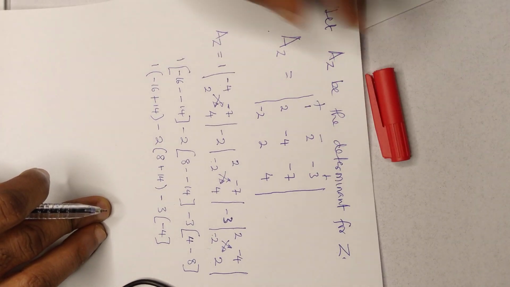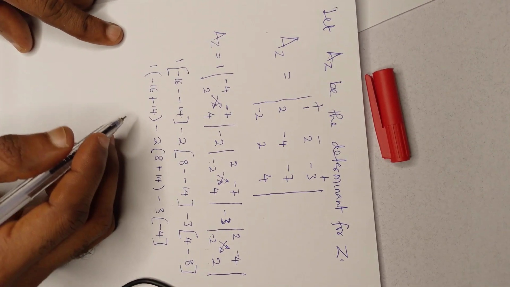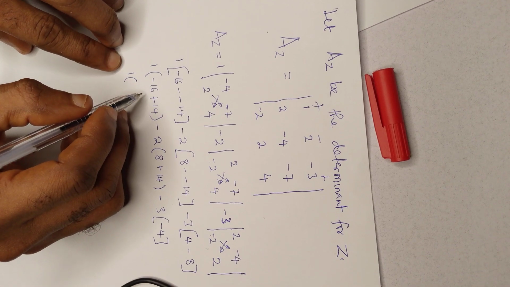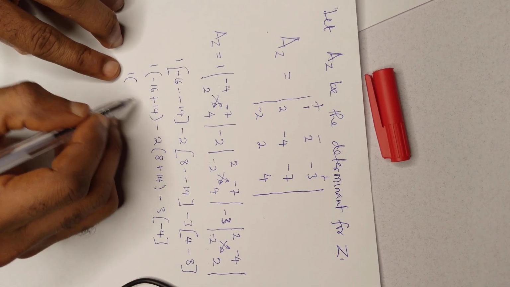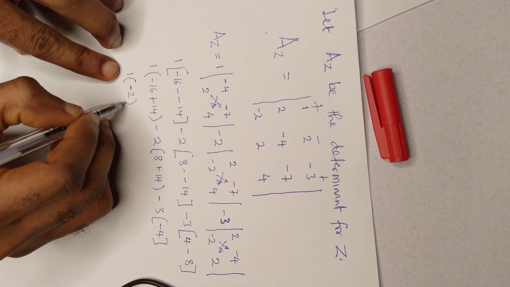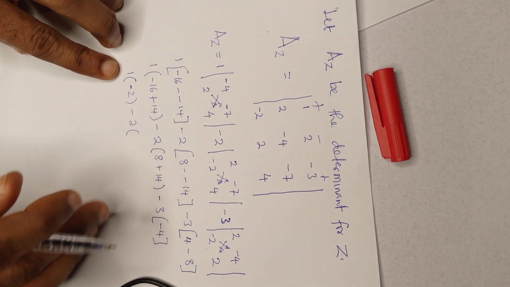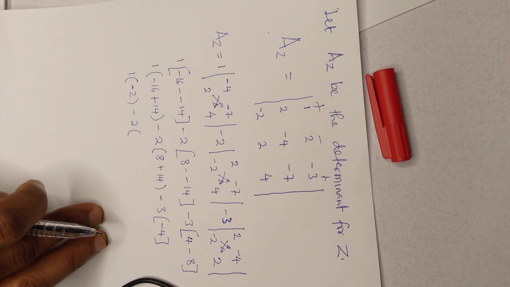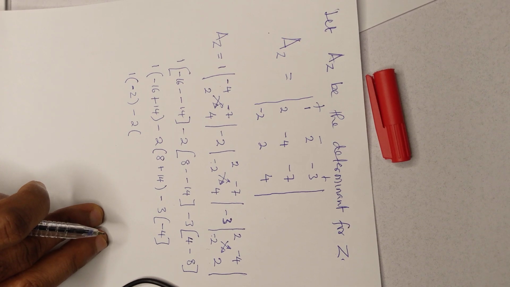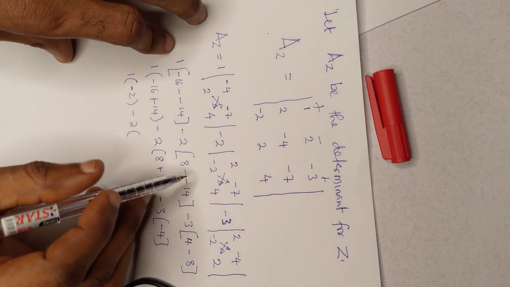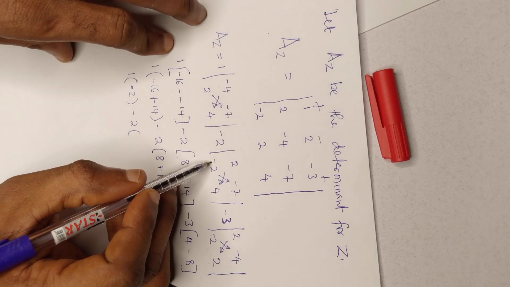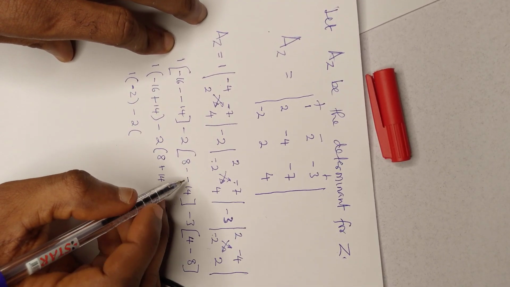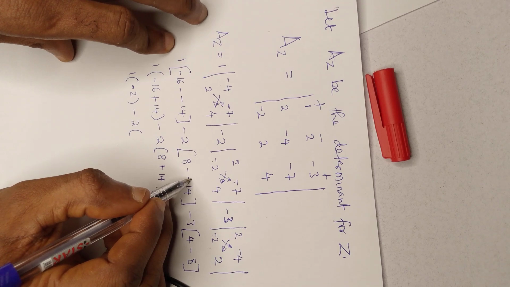So having done that, we'll have 1 into minus 16 plus 14 is minus 2. Minus 2 into, sorry, I think minus 2 times minus 7 here is plus 14.